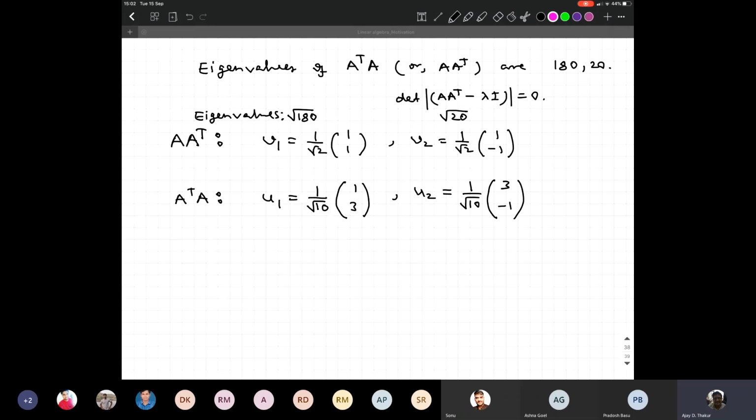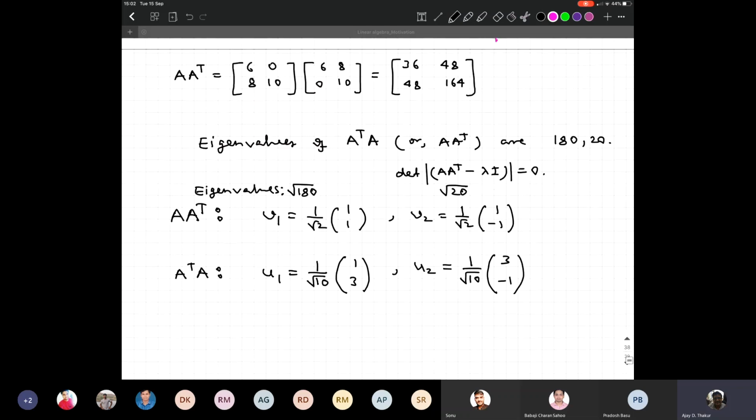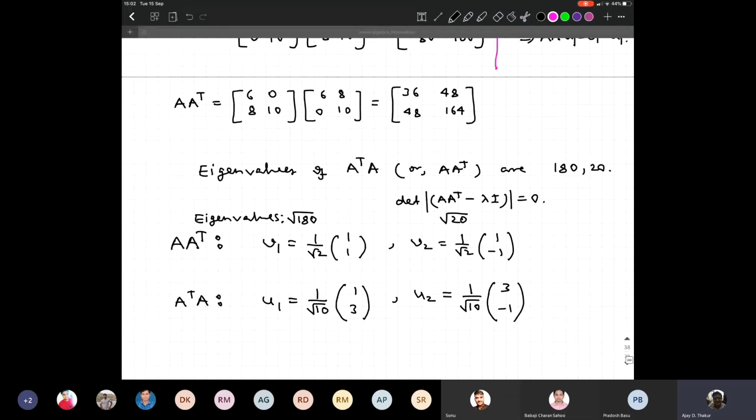Sir, why root 180? It may be 180 and 20 as eigenvalues. That is for AA transpose, and what we are talking about is corresponding to A. So maybe we can write this as the corresponding sigma 1 and sigma 2. Not a bad point that you mentioned. Sigma 1 square and sigma 2 square are the eigenvalues, right? That's what we saw.